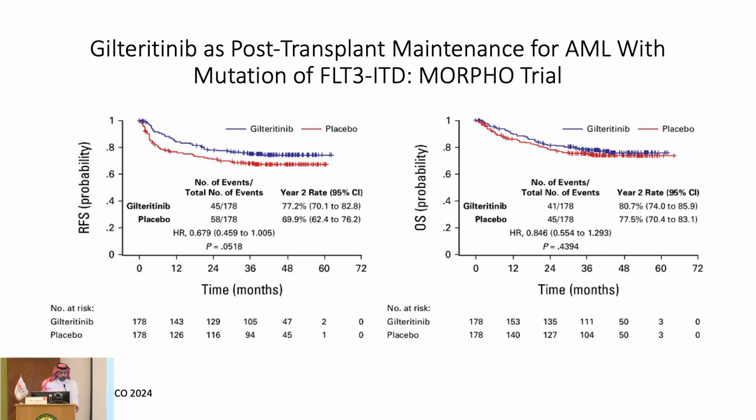The study did not meet its primary endpoint for relapse-free survival. There was a trend toward improvement with gilteritinib, but this was not statistically significant, with a 2-year RFS of 77% in gilteritinib versus 69.9% in the placebo arm. And also there was no improvement in overall survival.